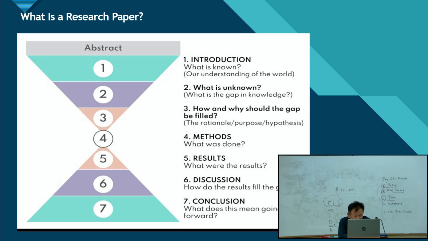How do the results fill the gaps? It means what is different from other groups, other results, other reports, and you can finally make the conclusion. What does this mean going forward? Future study is where I note some limitations of my topics, of my research, and then I wanna register or show them for further studies. This is the research paper.